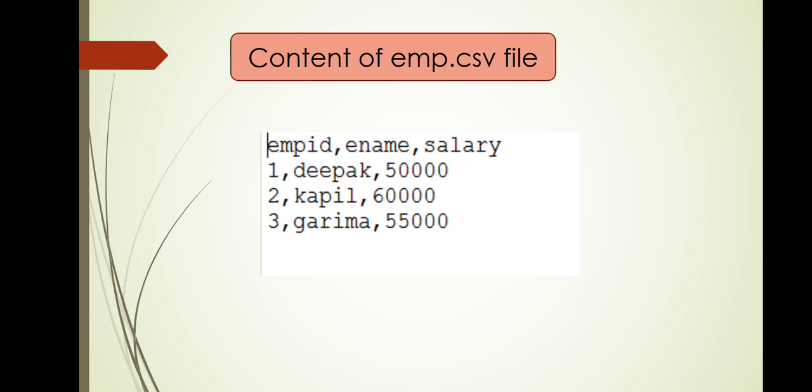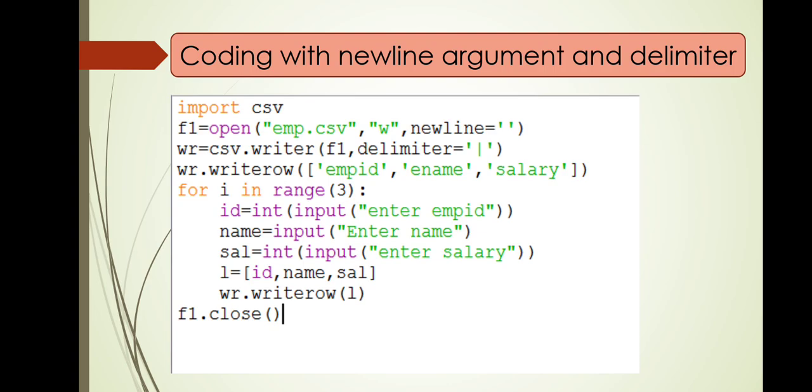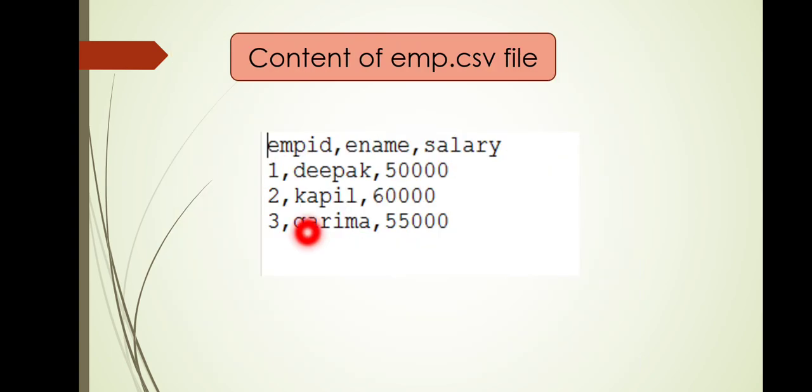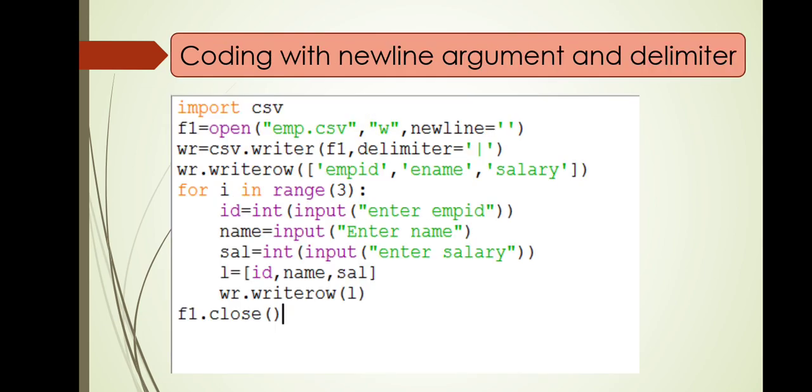Now let's introduce one more concept. Same code is this, newline is written, and here I have provided the delimiter as pipe. Till now it was taking the delimiter as comma, you can see comma is taken as delimiter, but now I am providing the delimiter as the pipe symbol.